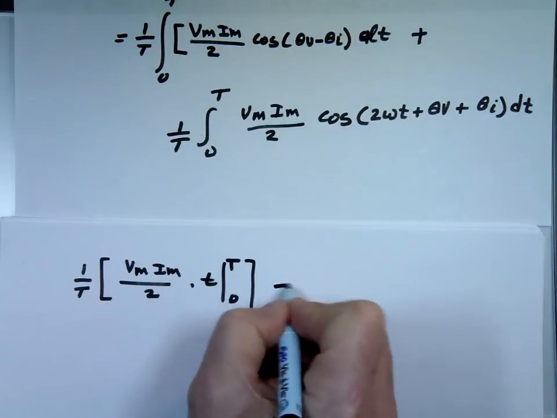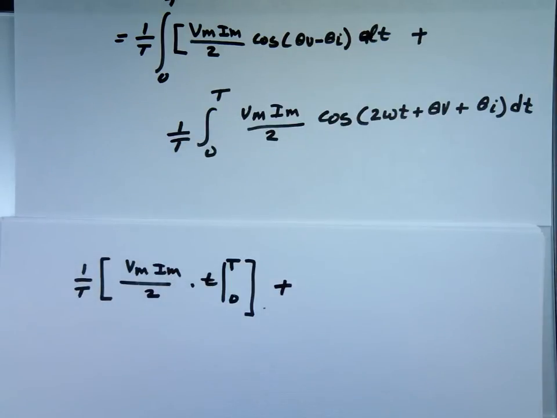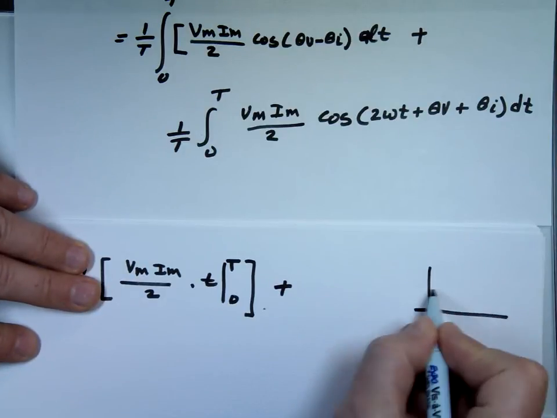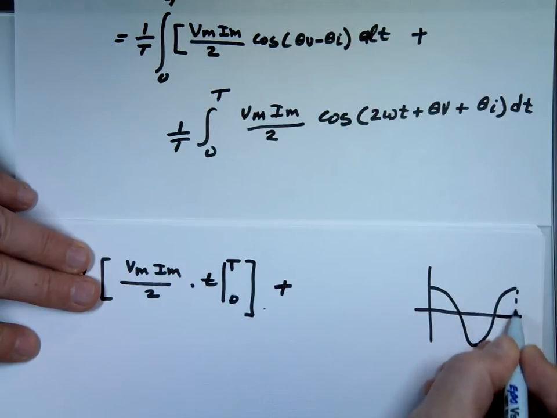Plus, what is the integral of a cosine function over a full period? Think about the definition of integral. The integral means what? The area under the curve. If you integrate a cosine function over a full period, this is T. What is the integral going to be?